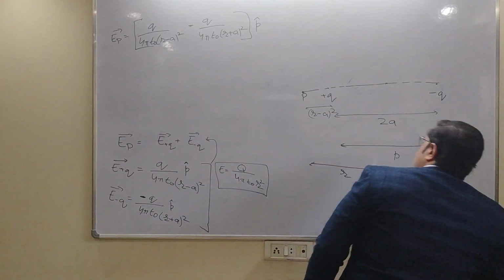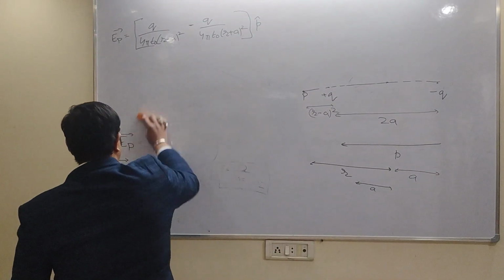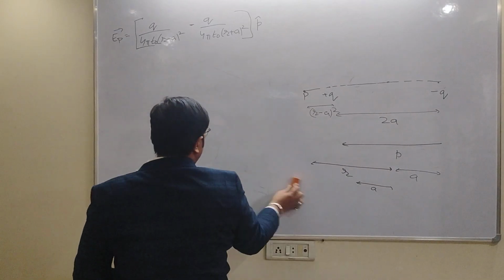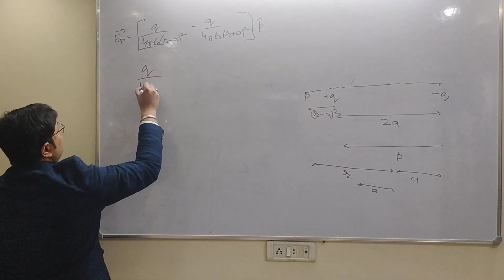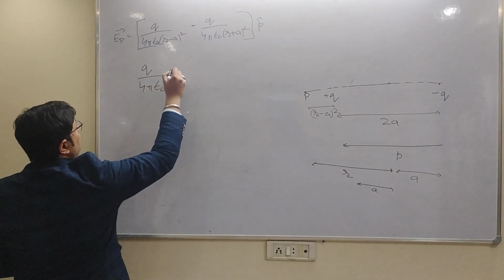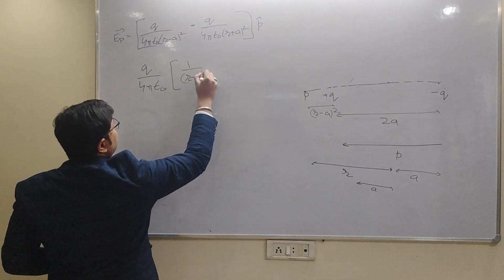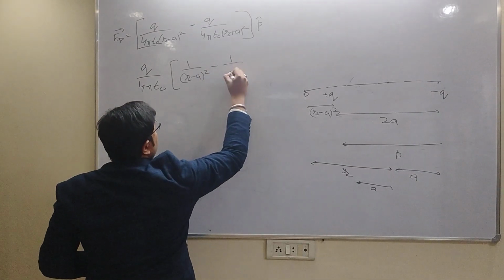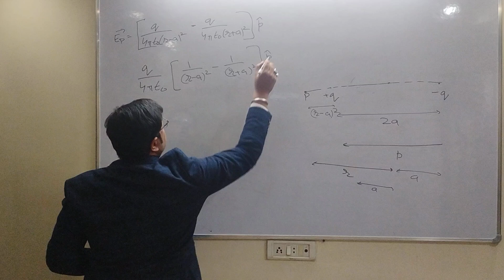So moving forward, we will add them up. How are we going to add them up? q over 4 pi epsilon comes out, inside remains 1 by (r minus a) whole square minus 1 by (r plus a) whole square, p vector.